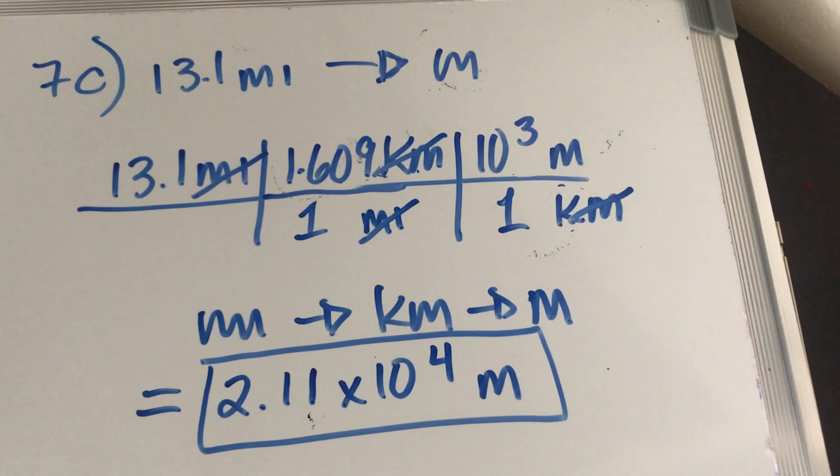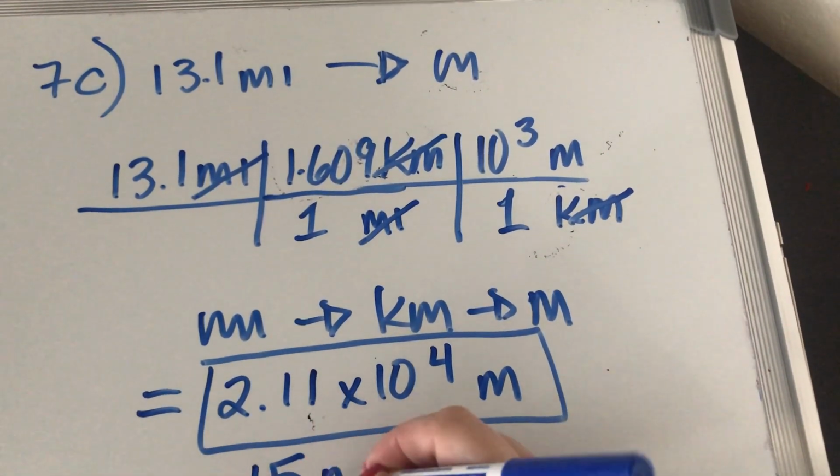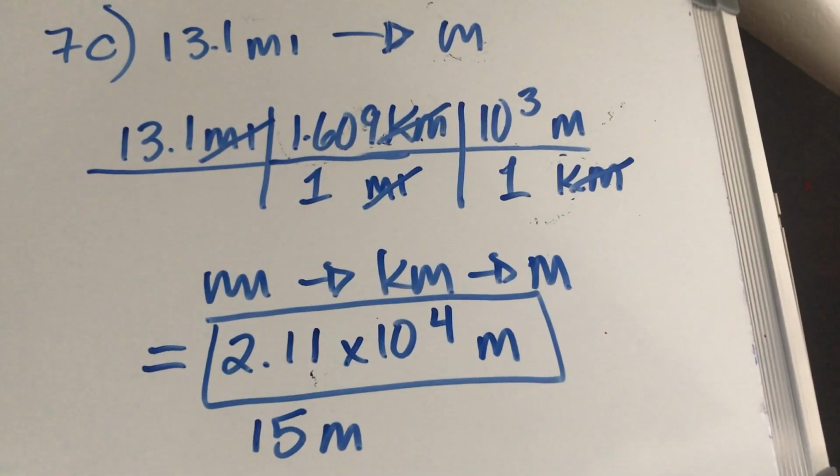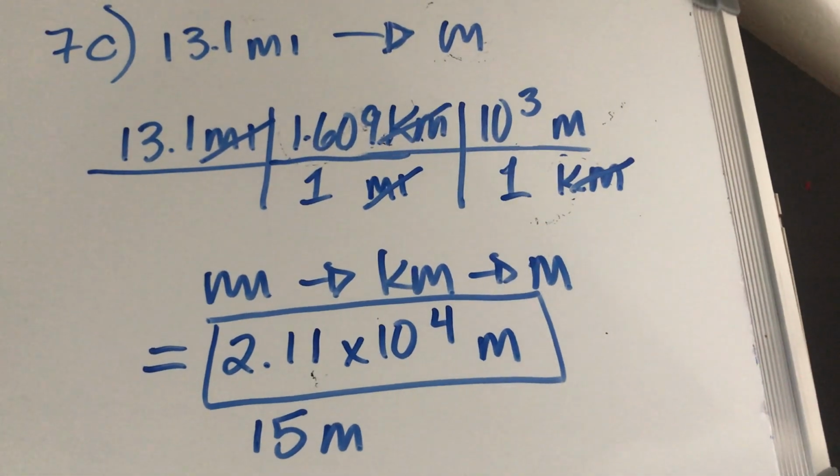So do you want all those answers in scientific notation then? Yeah. So when you're looking at a number like this out of scientific notation, I would say that's pretty ugly. If you were looking at a number like 15 meters, you don't need to put that into scientific notation for me. It's harder to put that into scientific notation than it is to just leave it as is.